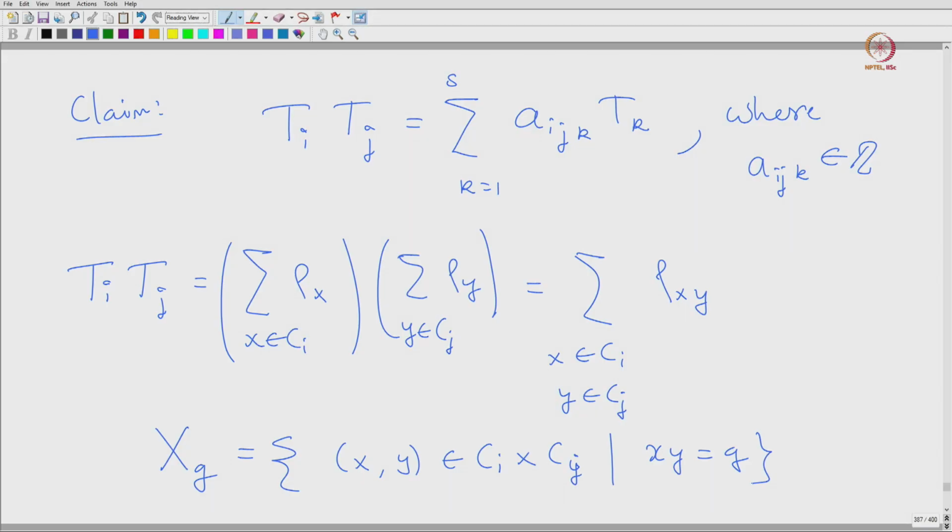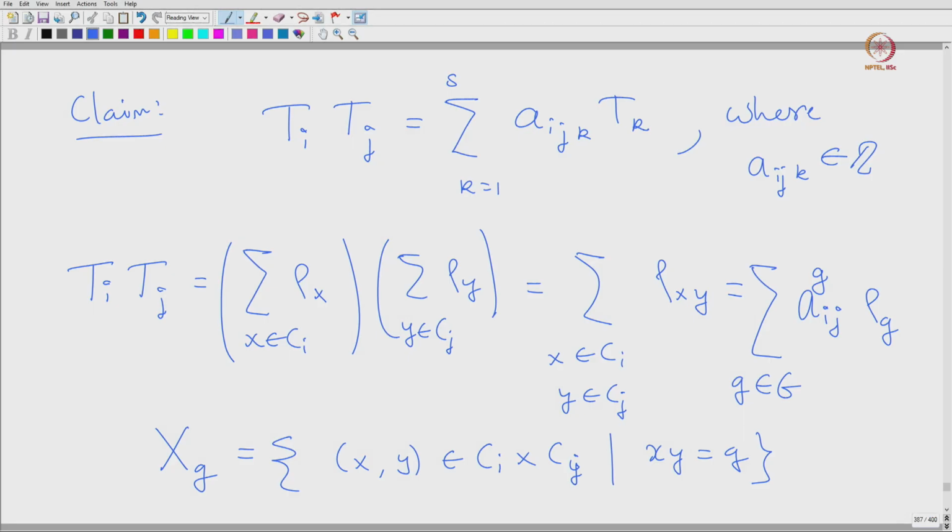If we write in terms of this X g, you can rewrite this as summation of a i j g rho g, where g in G. What is this a i j g?